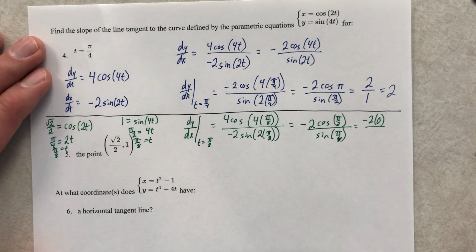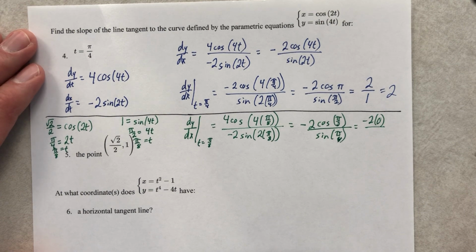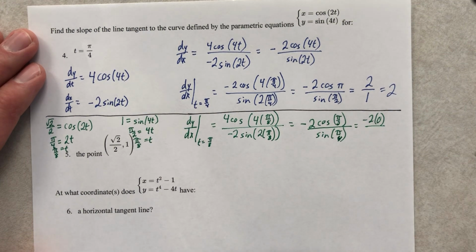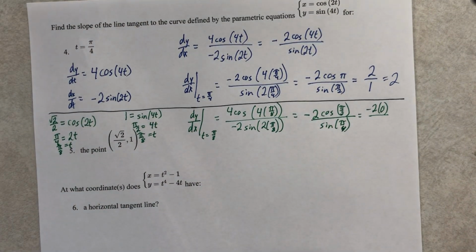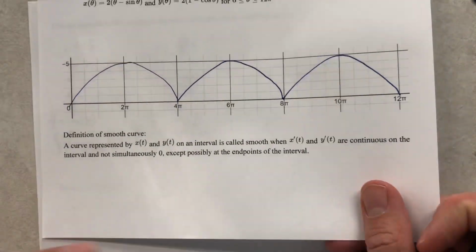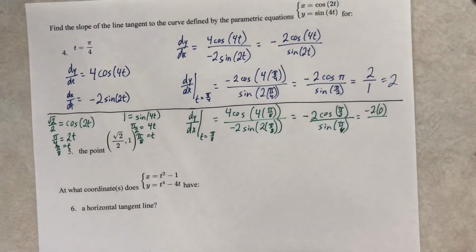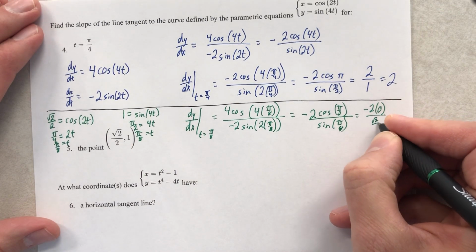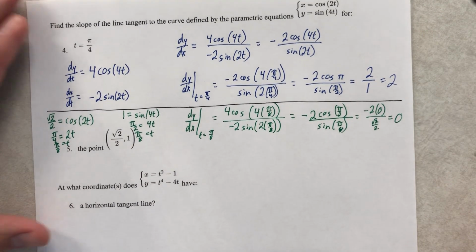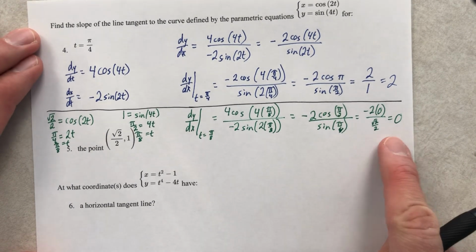So it really doesn't matter what we get in the denominator, as long as it's not 0, the answer is 0. Now if we had 0 over 0, we'd have a problem. We would not have a smooth curve there. This goes back to the definition of a smooth curve, where we would have both of them simultaneously being 0. That is not the situation. Sine of pi over 4 is square root of 2 over 2, but we just end up with 0. So the slope at that point would be 0.